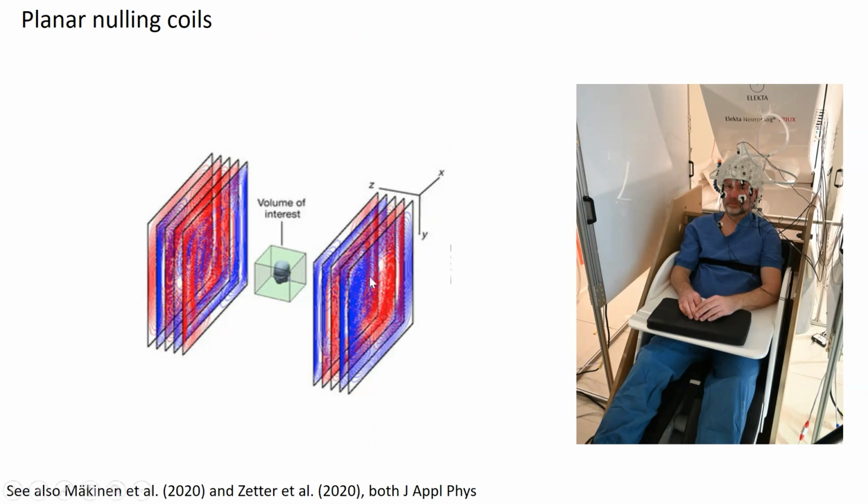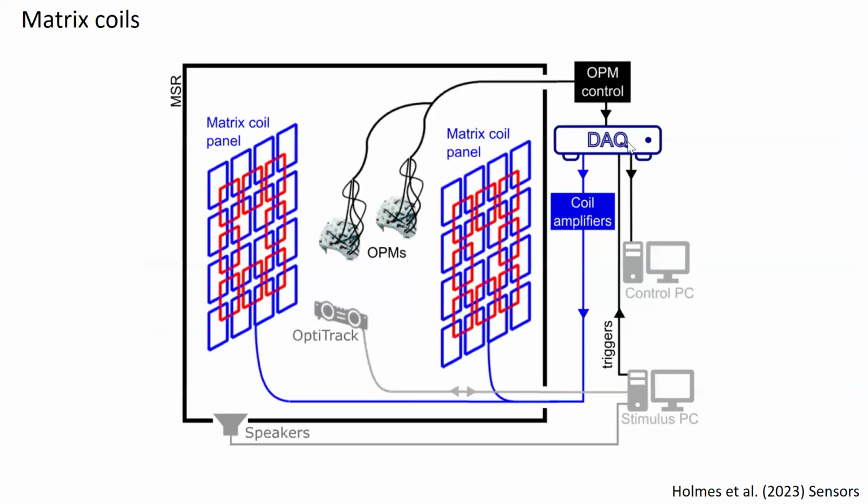Here you can see me sitting in the OPM system at the Karolinska Institute in Stockholm with two relatively small planar gradient coils along the sides to remove the environmental field. The next step that researchers are now taking, especially in Nottingham, is the design of matrix coils.